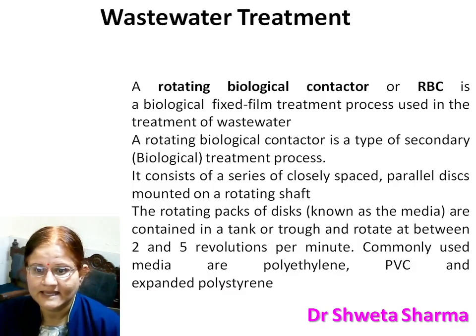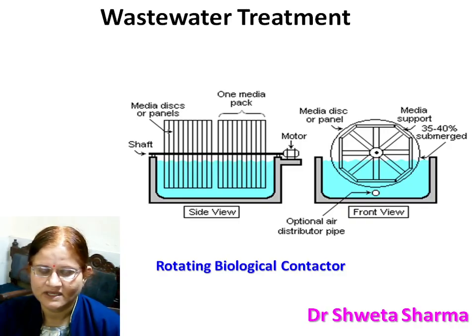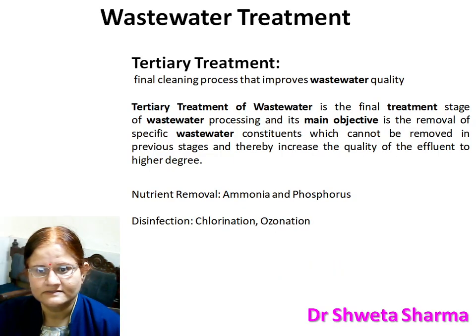This contains a rotating unit revolving around 2 to 5 revolutions per minute. This is the picture of a standard rotating biological contactor in which we can treat the water by rotating discs.